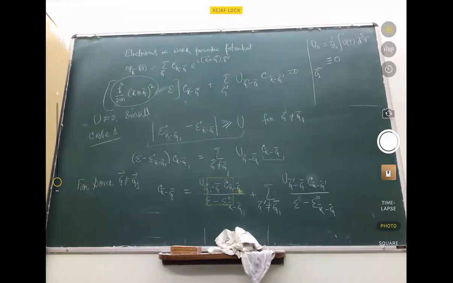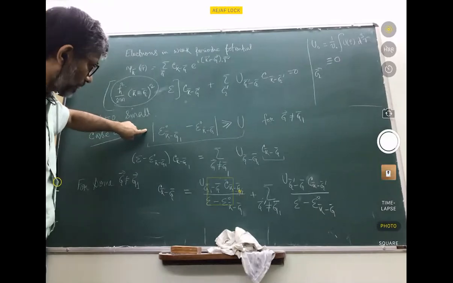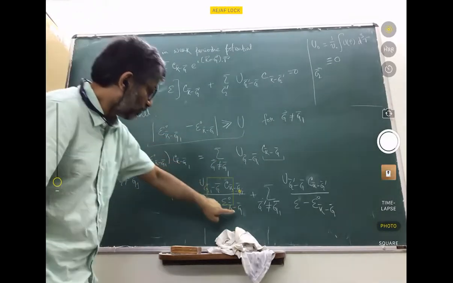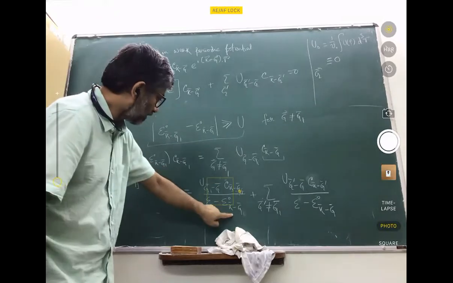Now there are two terms. The first term comes from Ck minus G1. And because of this lack of degeneracy, I'm looking at a G which is not G1, so these two energies are not close.